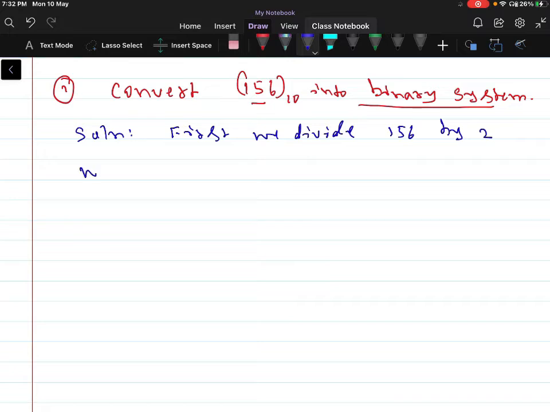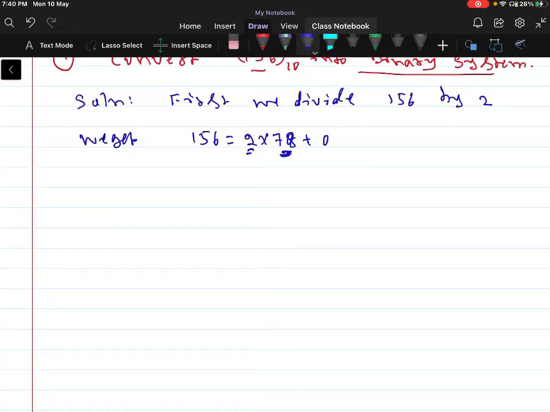By using the division algorithm, 156 can be written as 2 into 78 plus 0. Then we divide the integer 78 by 2 by applying the division algorithm.